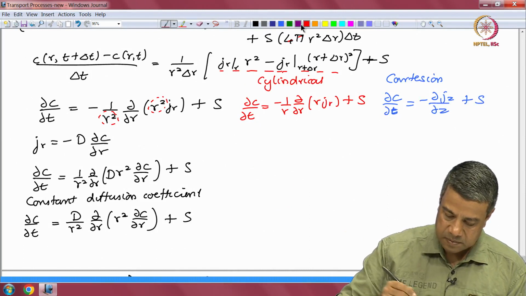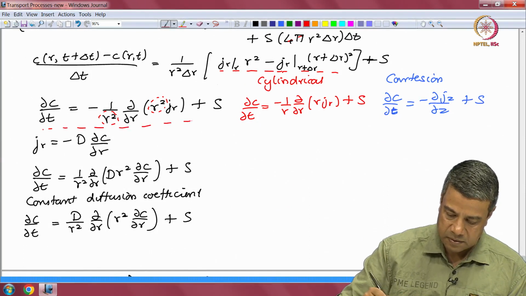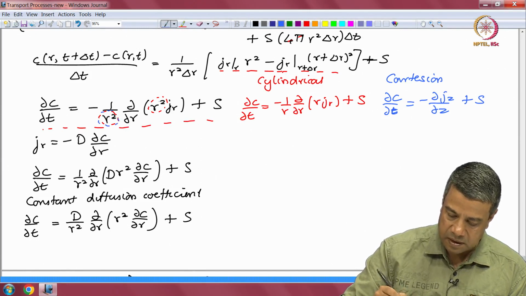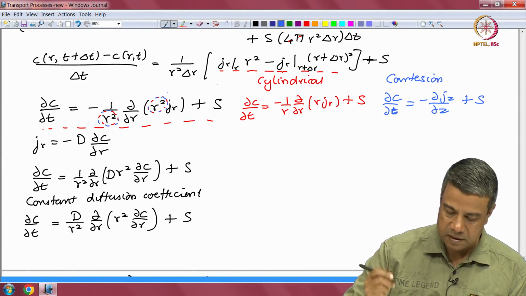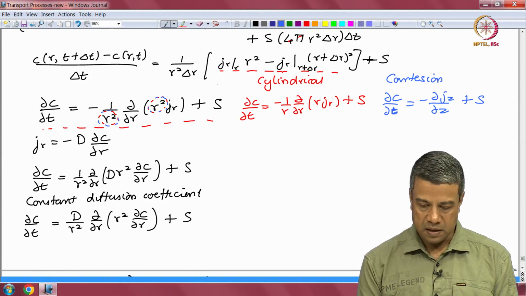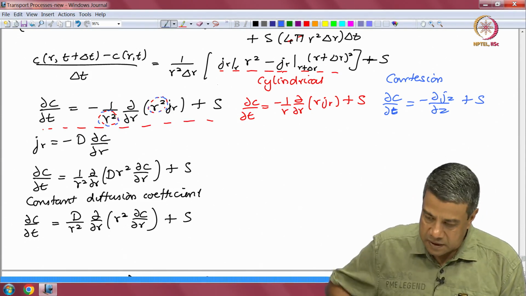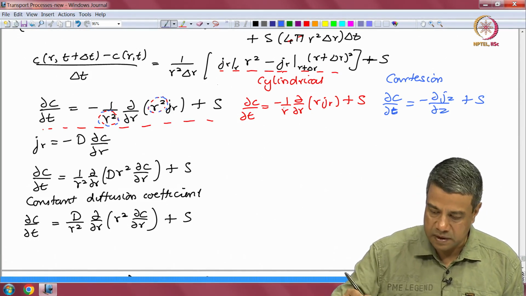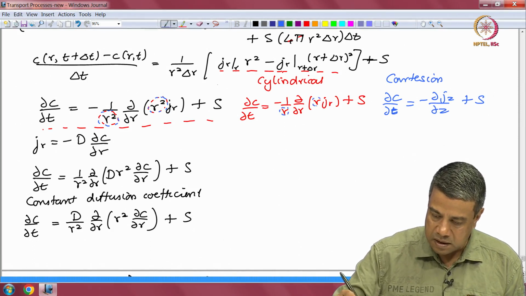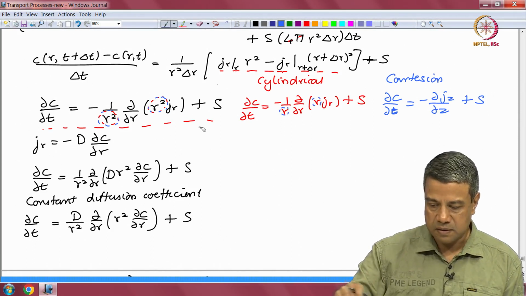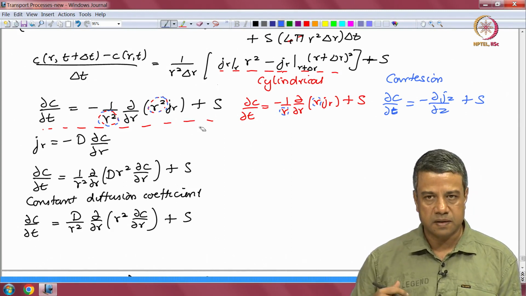Based upon that, we had calculated this conservation equation, where it contains this 1 over r square d by dr of r square times g r. So, that is the difference from a cylindrical coordinate system which has 1 over r, and a Cartesian coordinate system which does not contain any powers of the spatial coordinate.